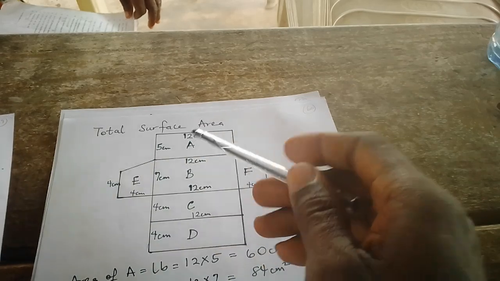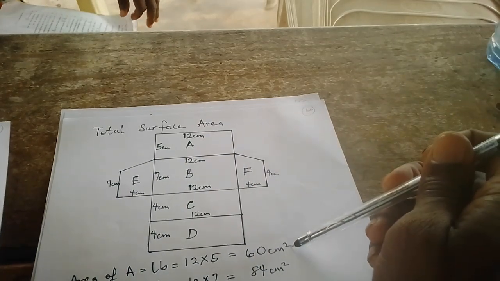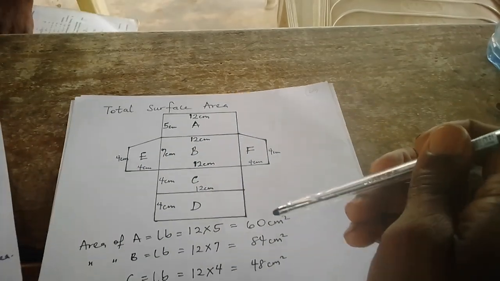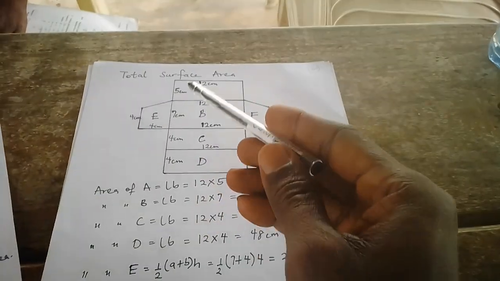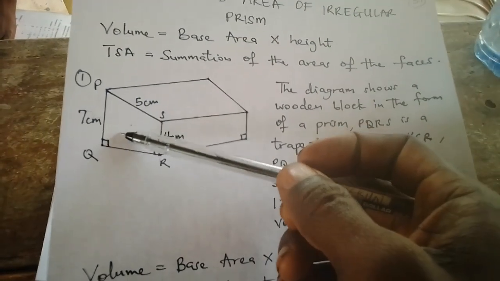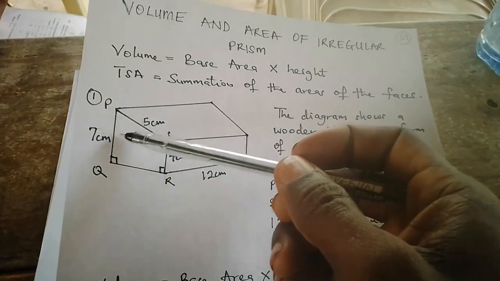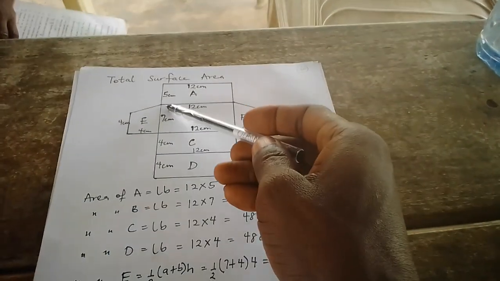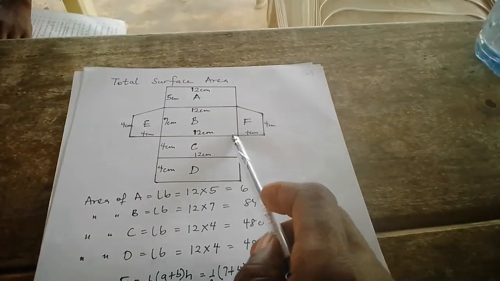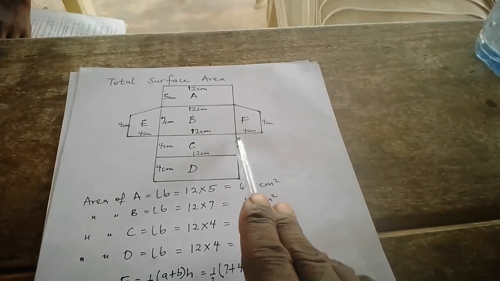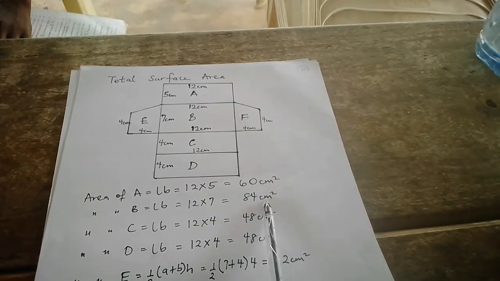So 5 times 12 will give us 60 for this, the area of A. Then the area of B is the back. So you realize that the length here will still be 12. The breadth of the back will be 7. So that's what we have, 7 and 12. So 7 times 12 will give us 84 centimeters square.